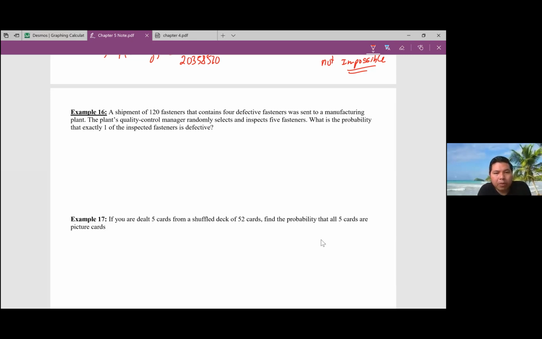All right, number 16. A shipment of 120 fasteners that contain 4 defective was sent to a manufacturing plant. The plant's quality control manager randomly selects and inspects 5 fasteners. What is the probability that exactly one of the inspected fasteners is defective?